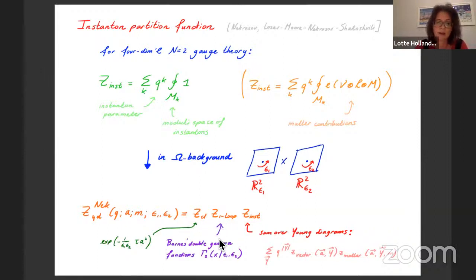There is a one loop part, which is a product of double gamma functions, and then there is the instanton partition function itself, which can be written as a sum over Young diagrams, which label the instanton configurations at the origin of R^4.